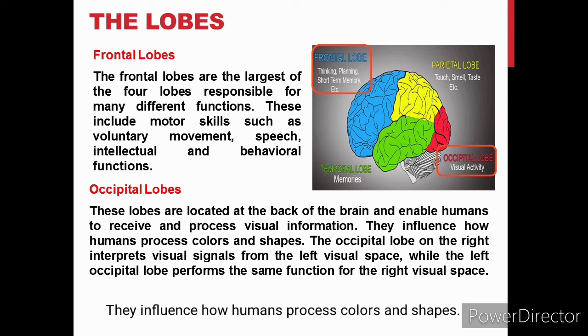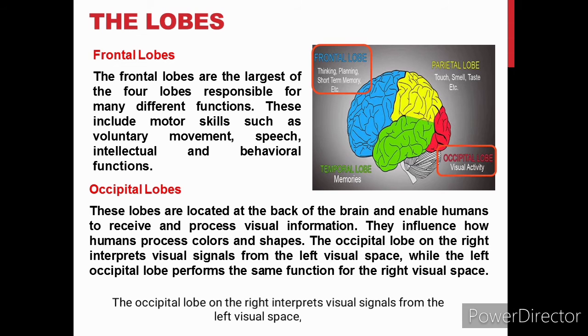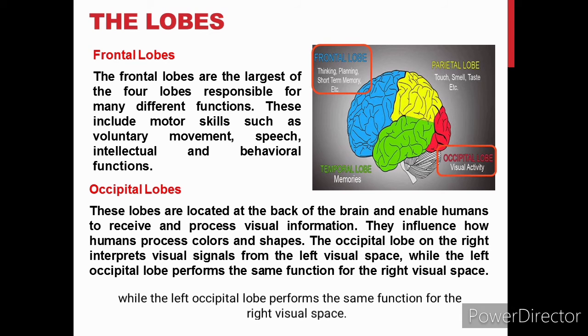They influence how humans process colors and shapes. The occipital lobe on the right interprets visual signals from the left visual space, while the left occipital lobe performs the same function for the right visual space.